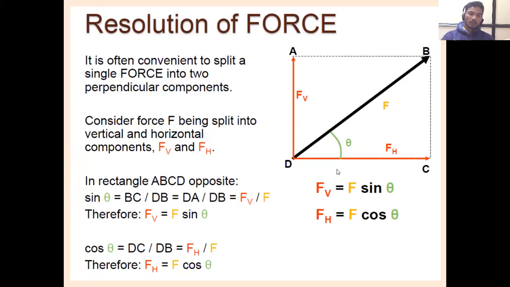If the angle is given with the vertical axis, then along that vertical axis, which function do we take, sine or cosine? Cosine. Along the vertical axis, we take cosine.